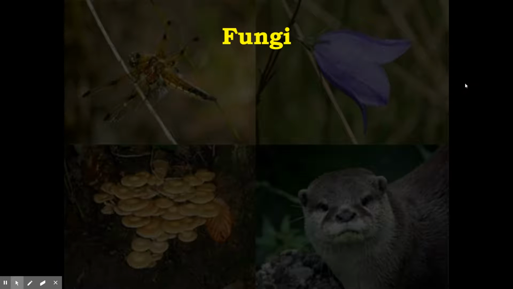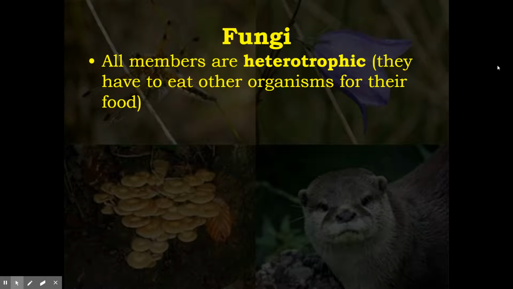All right, so let's talk about some of the kingdoms. The animal and plant kingdom are pretty simplistic as far as the things that we know, so we're going to cover that in separate chapters. But I'm just going to talk real quick about fungi. Fungi are all heterotrophic. That's a vocab word that you need to know.